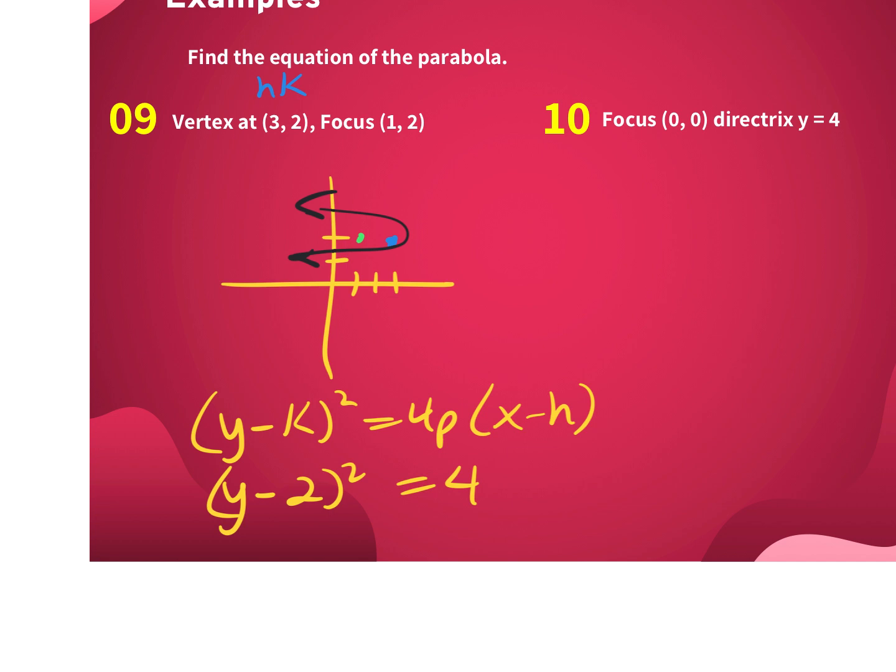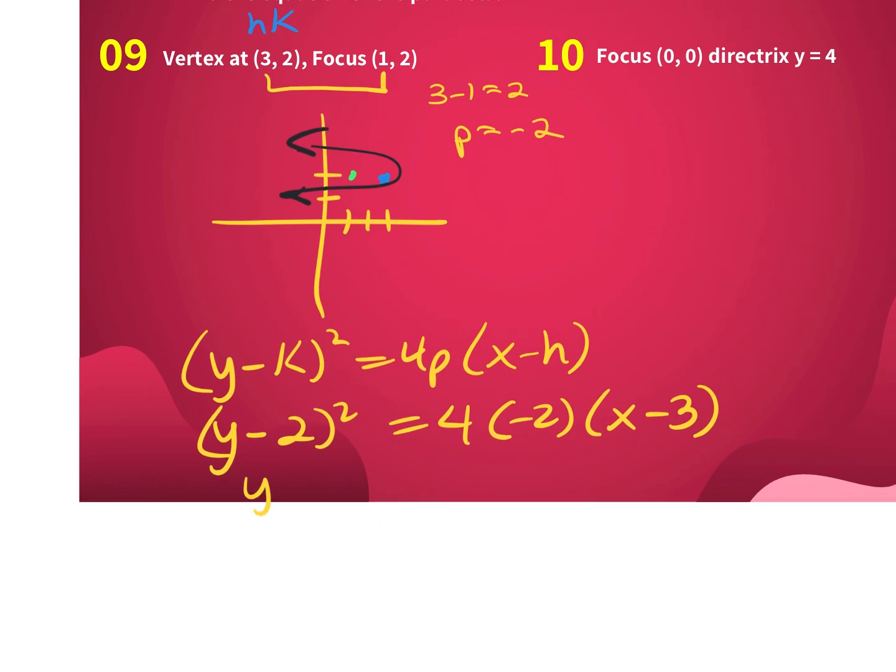So I can look at the two numbers that are different, which is the 3. So 3 minus 1 is 2, but it's the backwards C, so my p-value is -2. So -2, x minus 3, and then y minus 2 squared, multiply, and I get -8 times x minus 3.